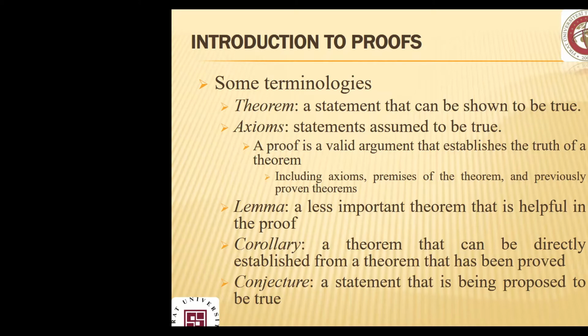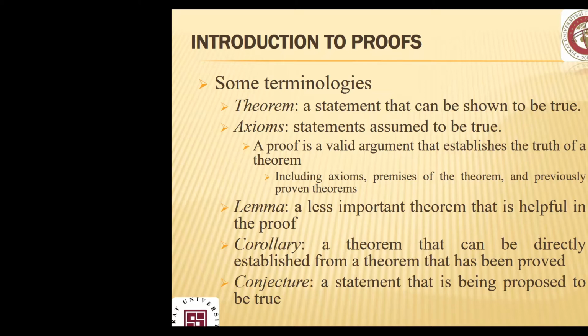Alright, how do we do that? How do we prove a theorem is true, or how can we show that it holds what it is assuming? We usually use what we call axioms. Axioms actually are statements that are assumed to be true. We don't show them, they are assumed already to be true.